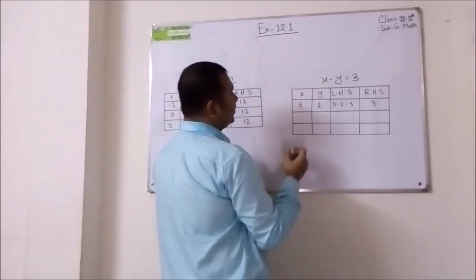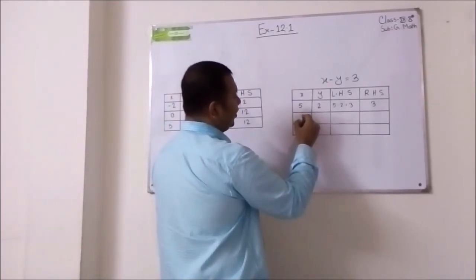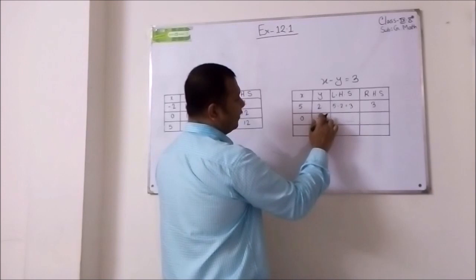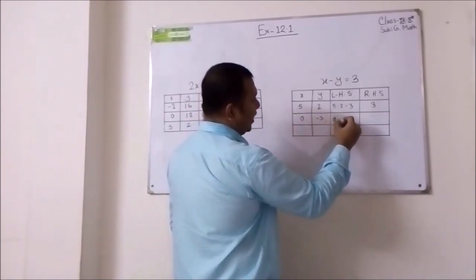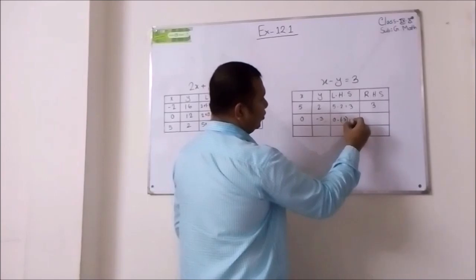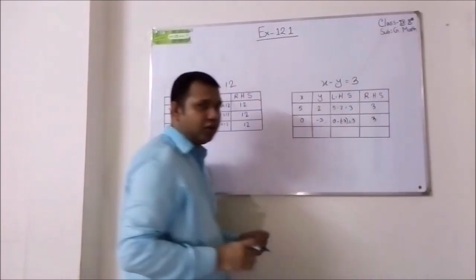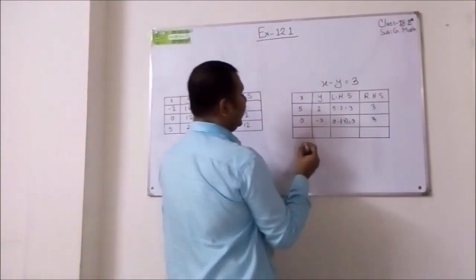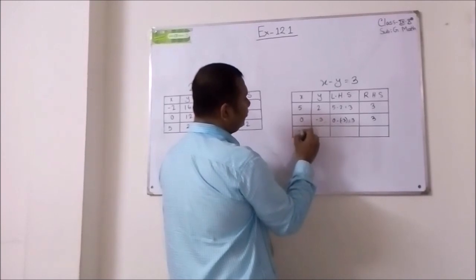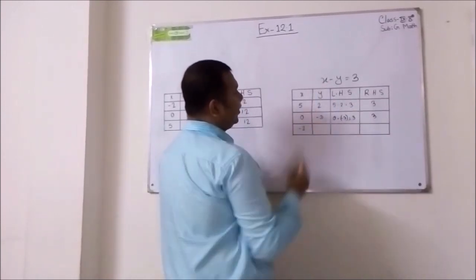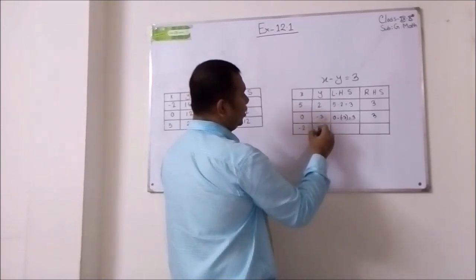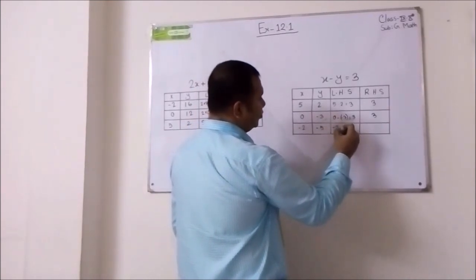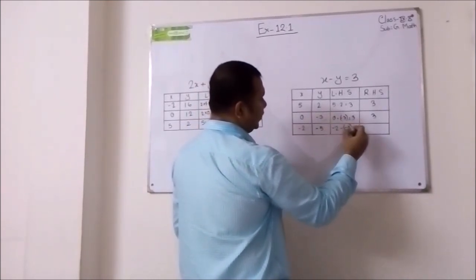Similarly, if you put x equal to 0 and y equal to minus 3, you will get 0 minus of minus 3, that equals 3, and the right hand side is also 3. Similarly, if you put x equal to minus 2 and y equal to minus 5, then you will see that minus 2 minus of minus 5 will be 3.